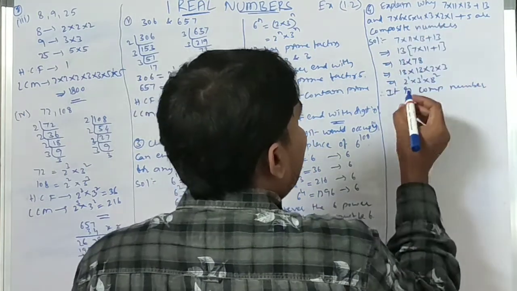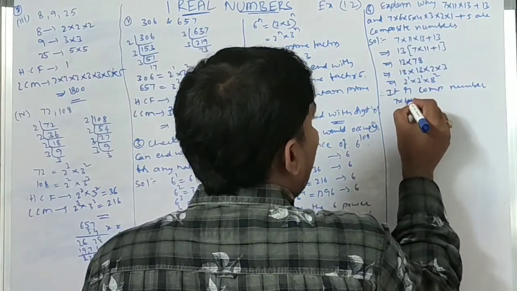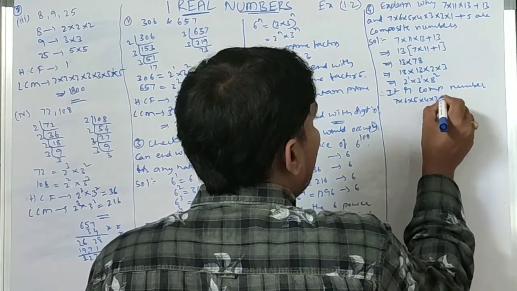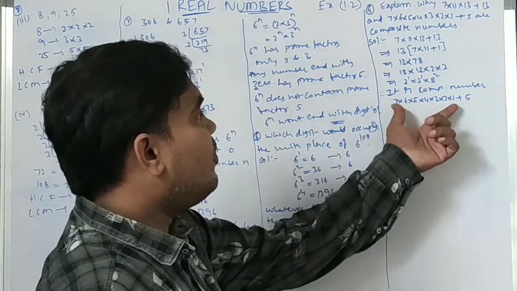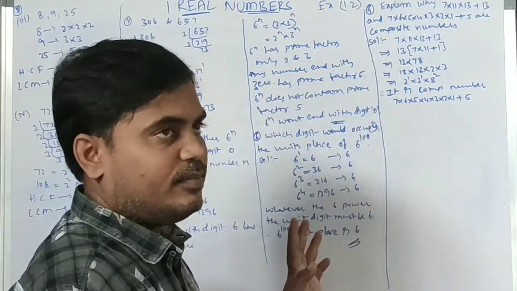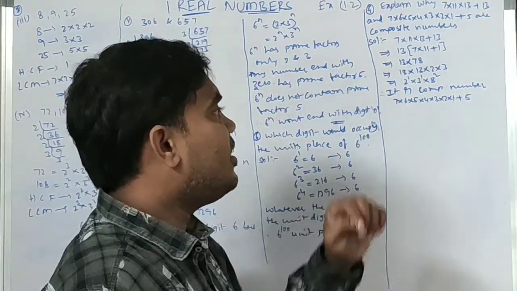Next, second, 7 into 6 into 5 into 4 into 3 into 2 into 1 plus 5. Up to this is one term, this is another term.